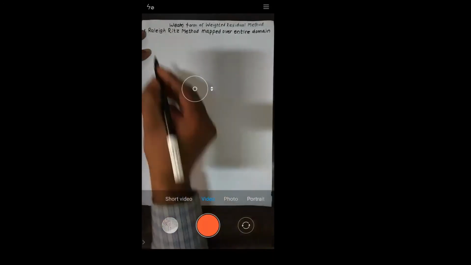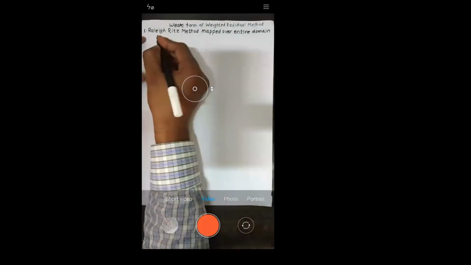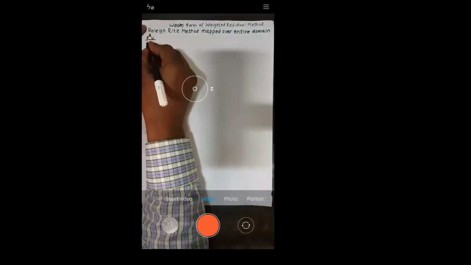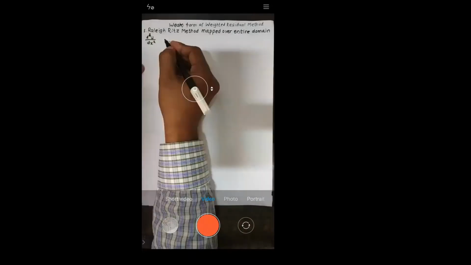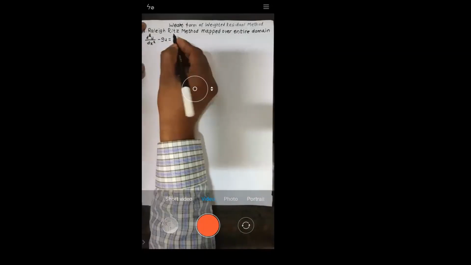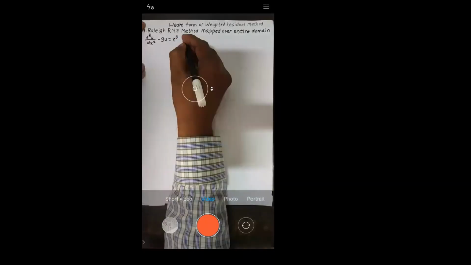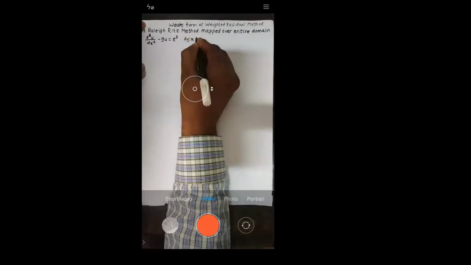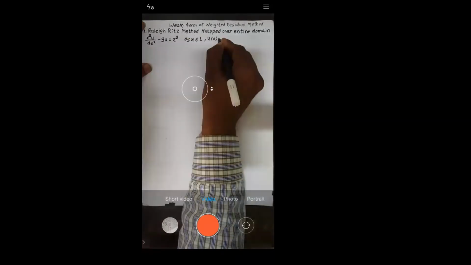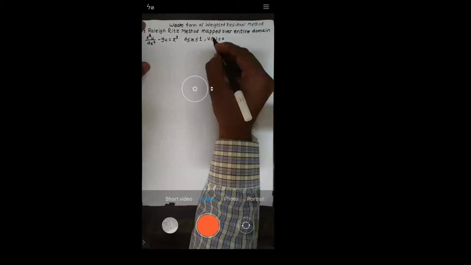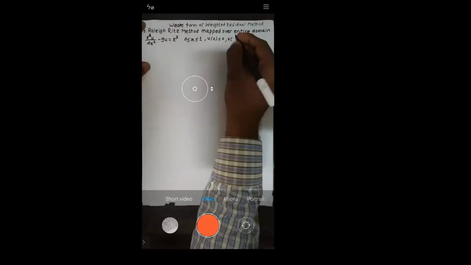d square u by dx square minus 9u is equal to x cube, for x ranging between 0 to 1, with the boundary conditions: u at x equals 0 is 0, and u at x equals 1 is equal to 2.